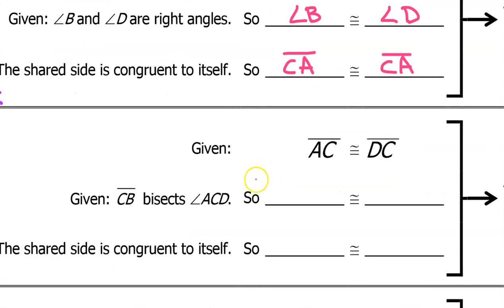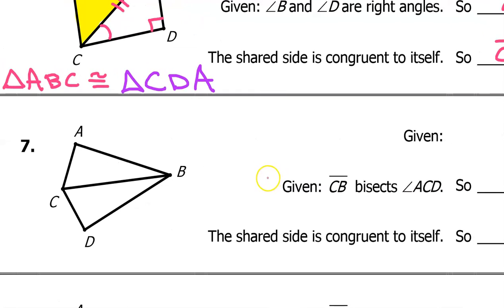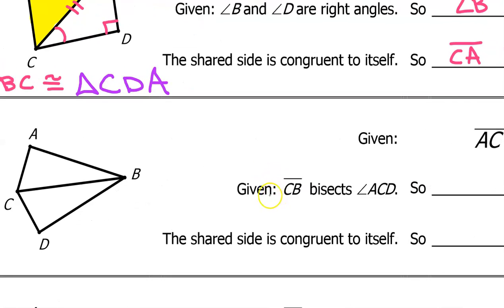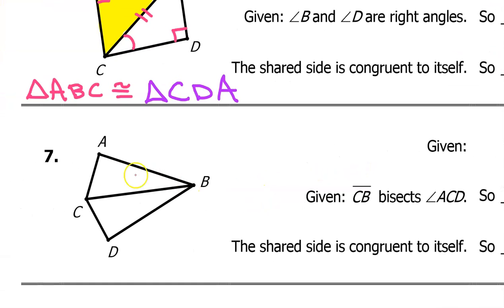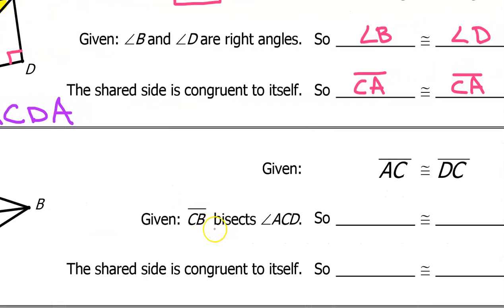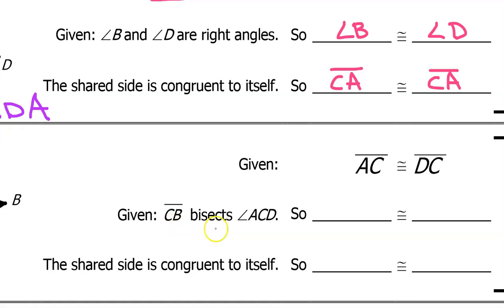All right, moving on to problem number 7. We are given AC is congruent to DC. Okay, this is tricky. We are given that segment CB bisects angle ACD.